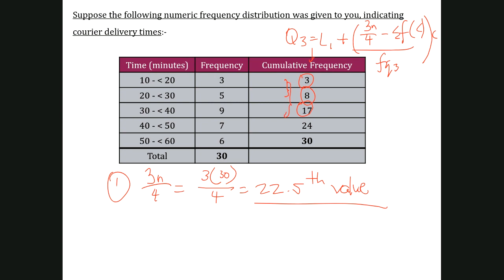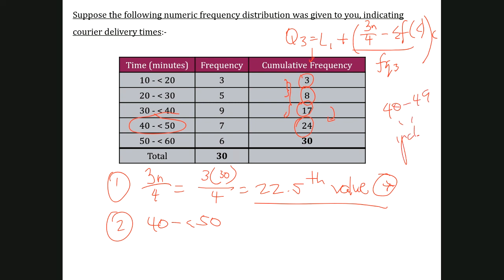But again, you're looking for the 22.5th value. Then 24 is saying to you that so far in the categories we've looked at, there are 24 values. So when we moved from 17 to 24, this interval was where we added on and then got the 22.5th value. Your interval then is 40 up until 49, including 40 and 49.